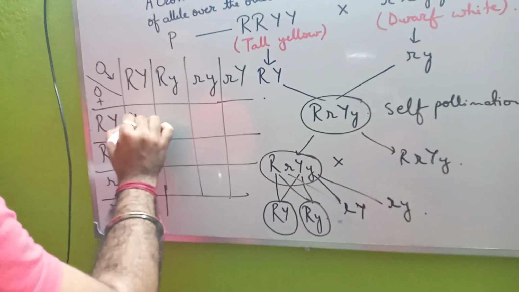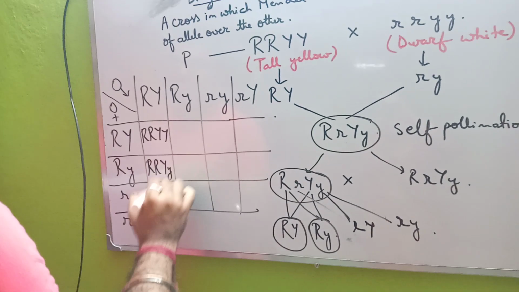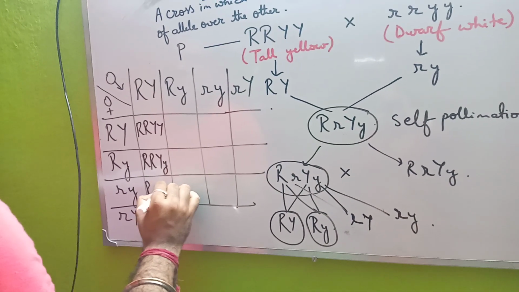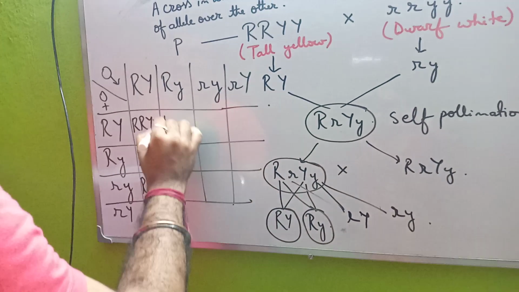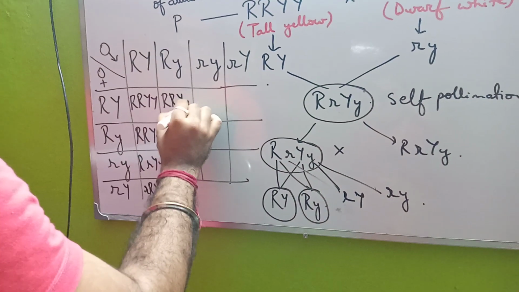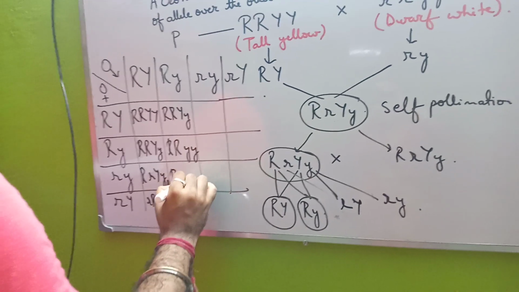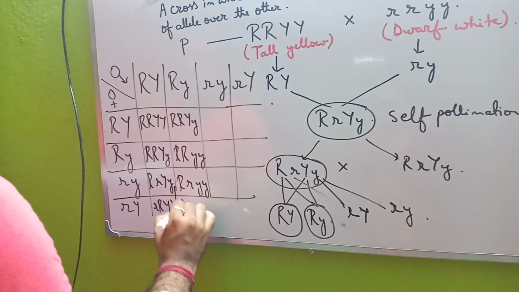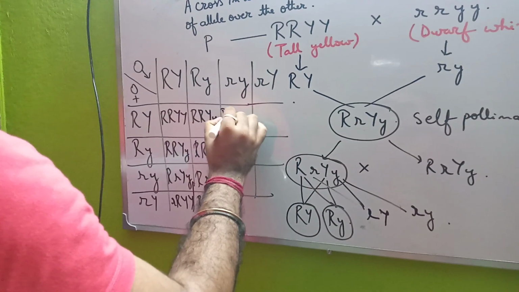Now if you combine this in this way, you will be finding the sequence to be like this. Over here also the same thing.